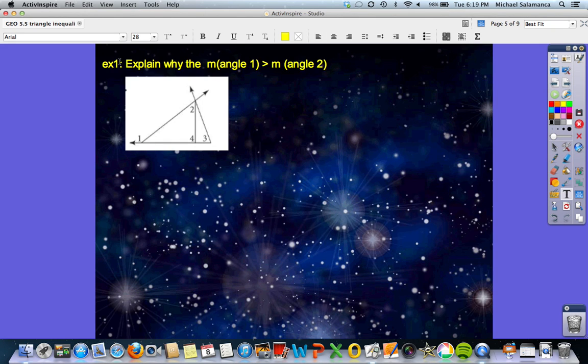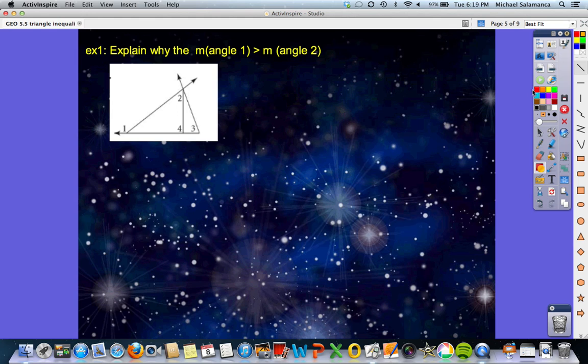So for example 1, we're going to have to explain why the measure of angle 1 is greater than the measure of angle 2. So, hopefully you realize that you have a triangle built in here. So we're going to outline that really quick. We have this triangle that we're composing.